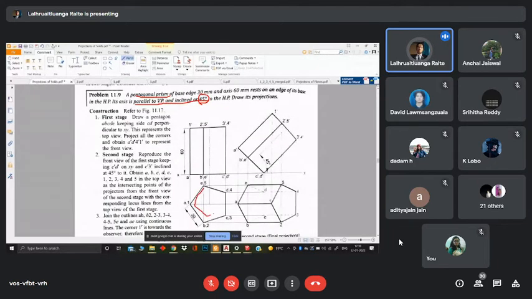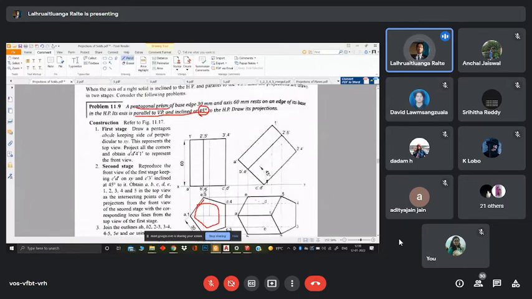We can orient this in any direction, but we have a condition which we must always take into consideration, which is that the solid is resting on an edge of its base on the horizontal plane.